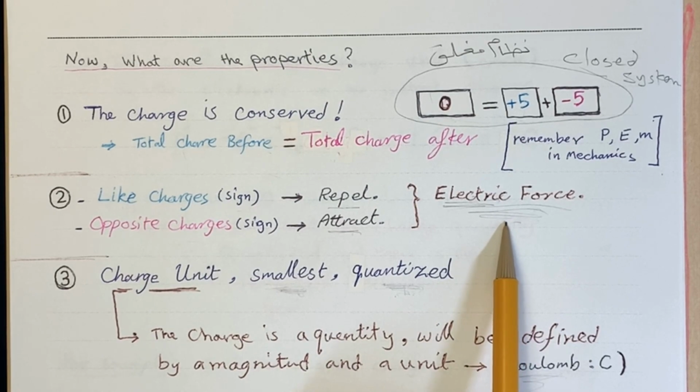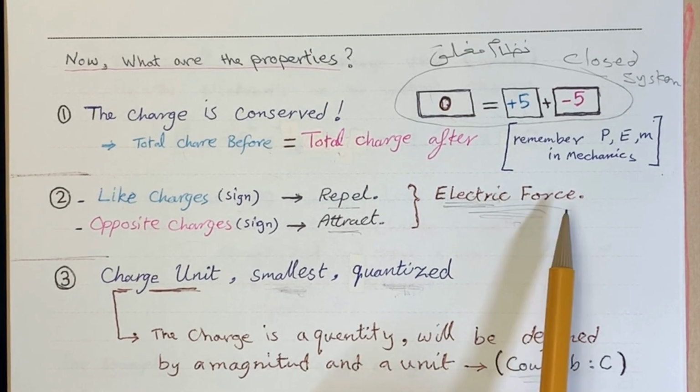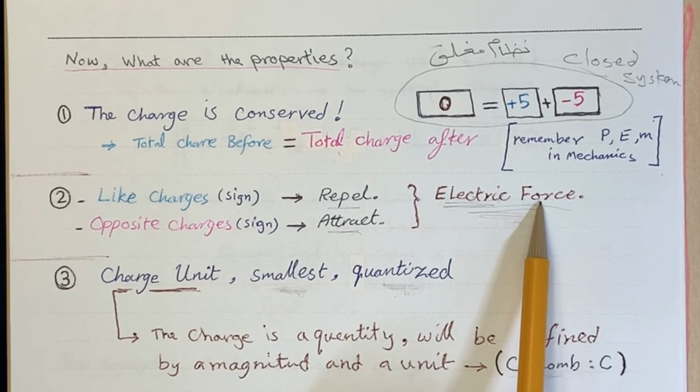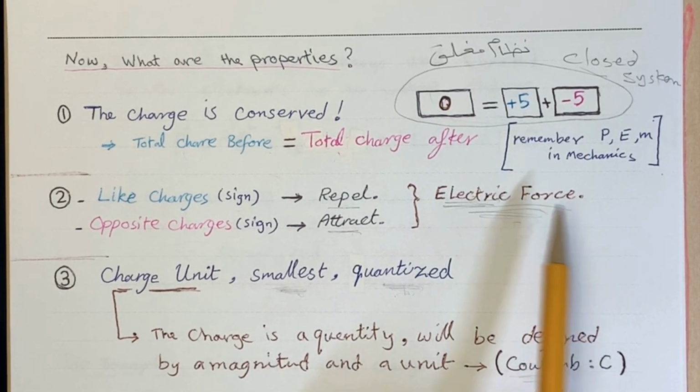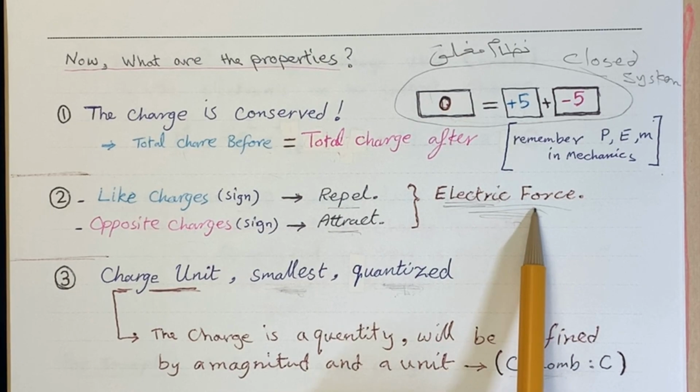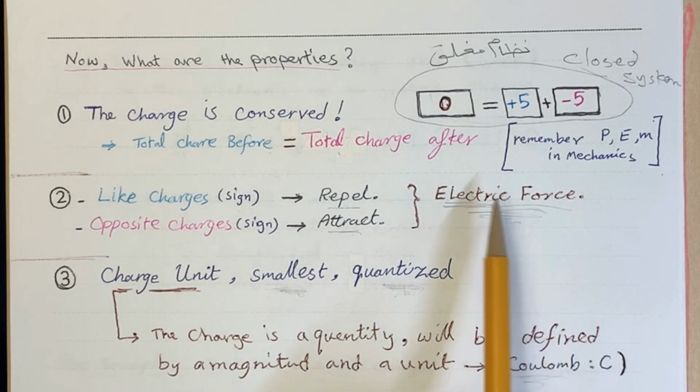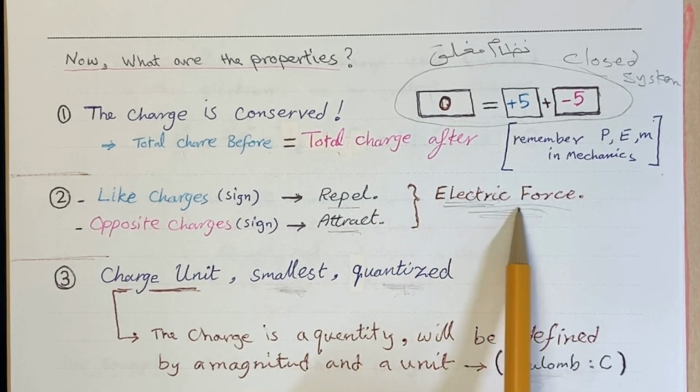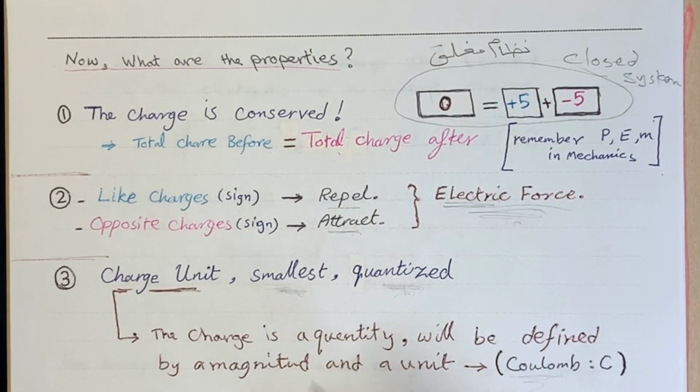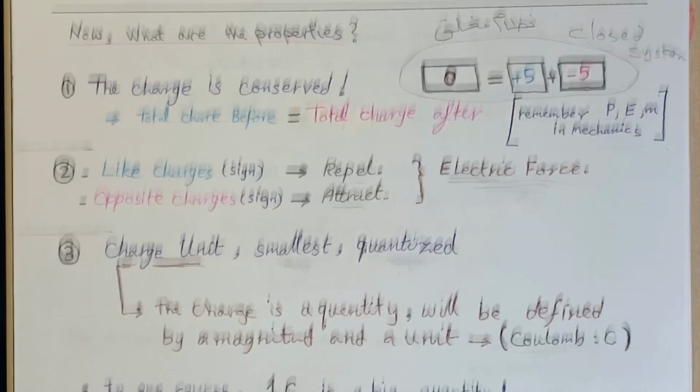It's an important principle to understand that we have more than one force in nature. We have magnetic force, we have nuclear force, we have gravitational force, and we have electric force. We need to study this force, its properties, and how we can apply it. We will do that in this course.